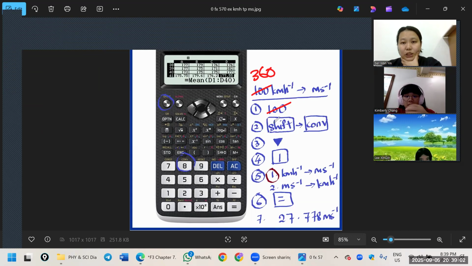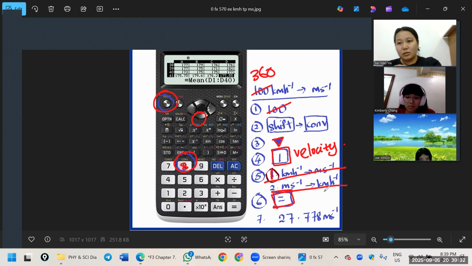Then you press shift convert number 8. Then you press down, down. Then you press 1. I think 1 is velocity. 有吗？然后你有看到第一跟第二吗？Yeah. Okay, so you press number 1. Then you press equal. Okay, very good.